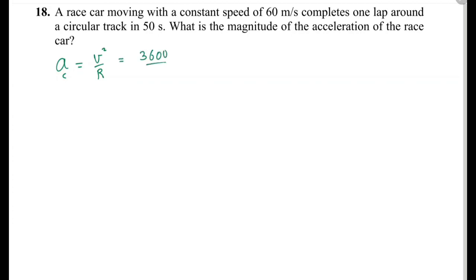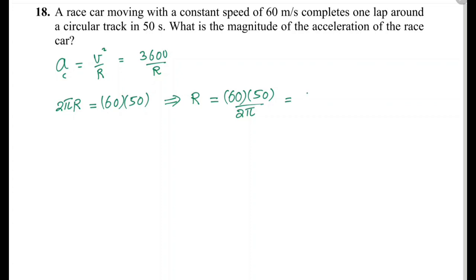3600 over r. Now 2 pi r, this is x here, equals 60 times 50. In this way, r equals 60 times 50 divided by 2 pi, or 477.7 meters.